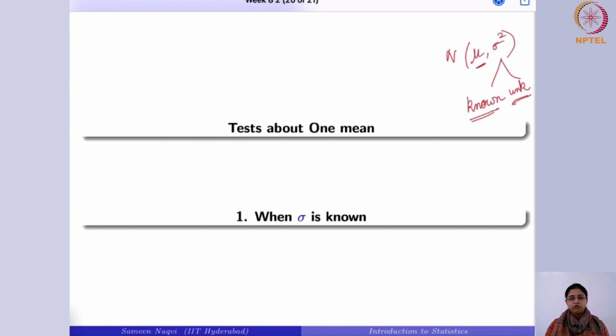If you recall from the sampling distribution chapter, if it is known, then the standard normal distribution comes into the picture, but when it is unknown, the t distribution would come. We will see how the test statistic gets modified here. First, we are going to look at the case when sigma is known.